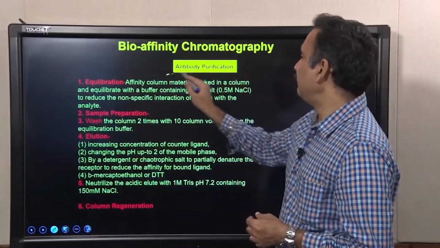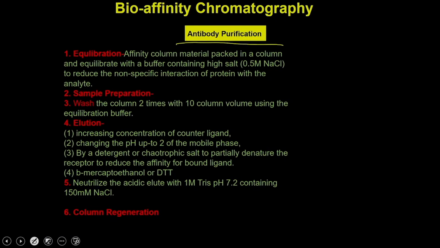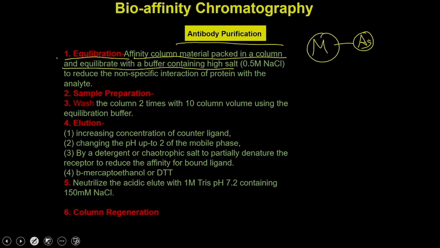So, the antibody purification has multiple steps. The first step is the equilibration of the matrix-bound antigen complex column. You take the affinity column where the matrix has the antigen coupled, pack it into a column and equilibrate with a buffer containing very high salt, which means 0.5 molar NaCl.